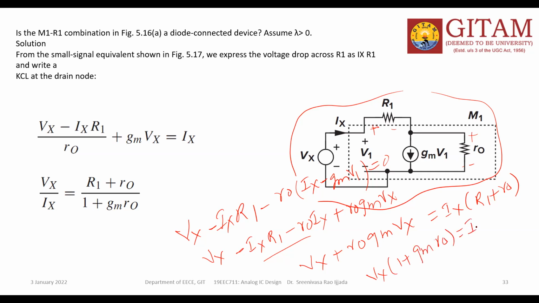On this side, Ix into R1 plus R0. So Vx by Ix is what? The impedance seen from the source side. It is equal to R1 plus R0 by 1 plus Gm into R0. This is the impedance.